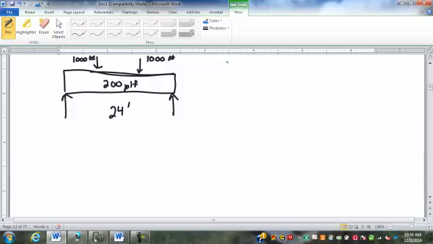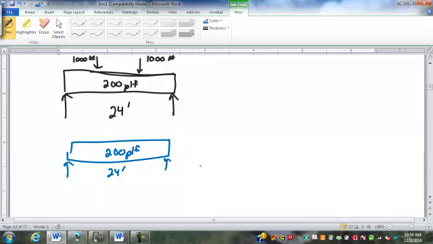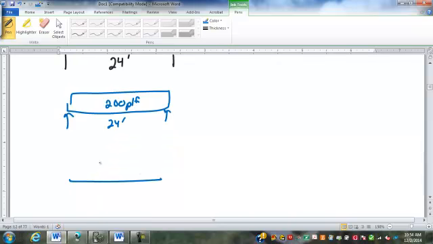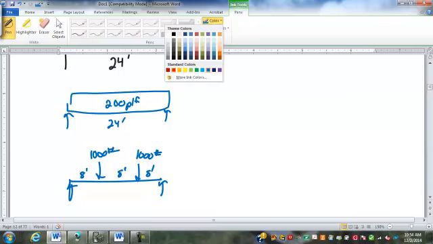So what we can do is this. We can find the deflection for the 200 PLF 24-foot span. And then we can find the deflection for the 1,000-pound concentrated loads, spaced 8 feet apart. Then we can add the 2 deflections together.